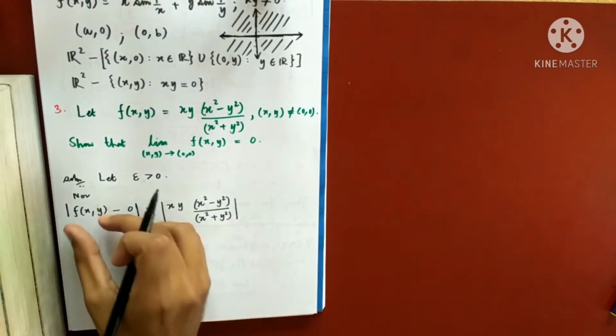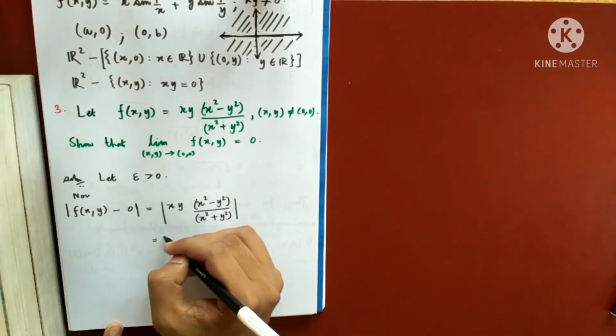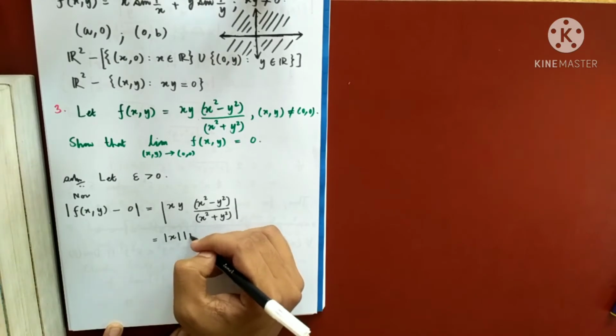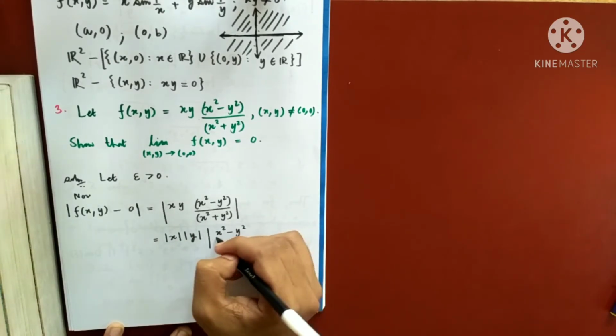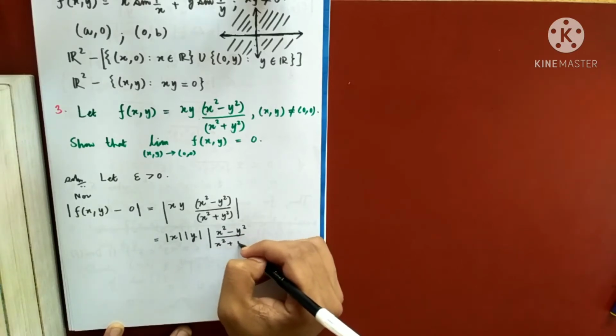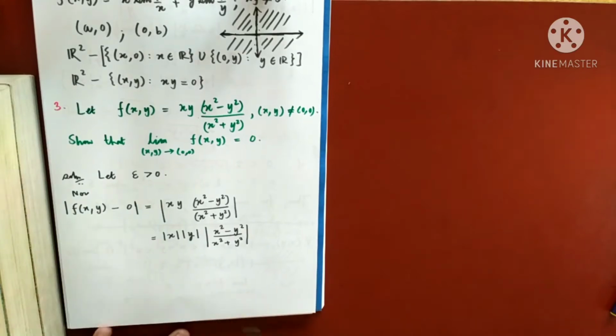So just f(x,y). By the property of modulus, I can write modulus of x, modulus of y, and modulus of (x² − y²)/(x² + y²). Okay, very obvious.